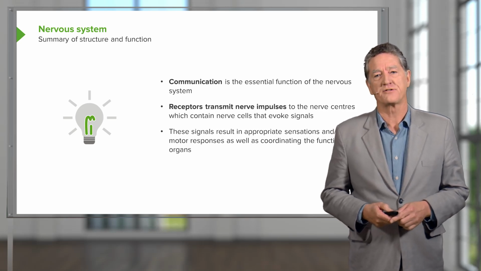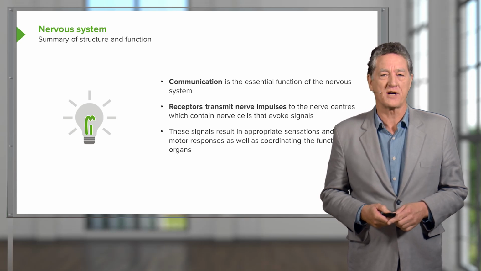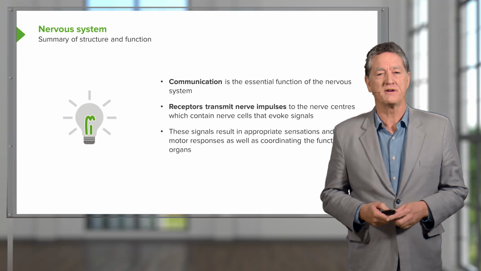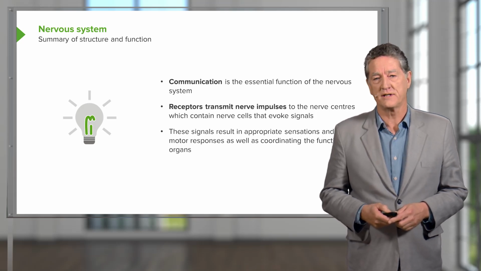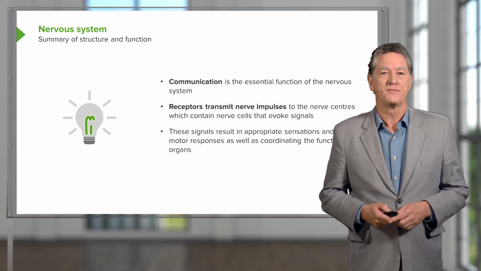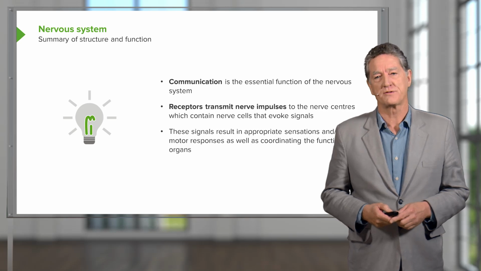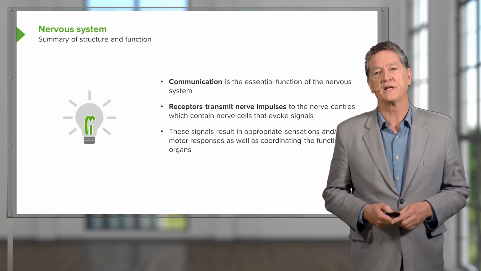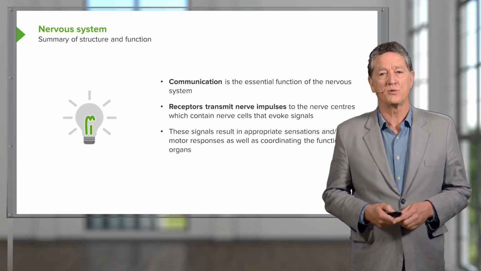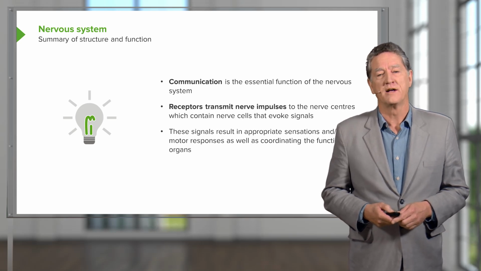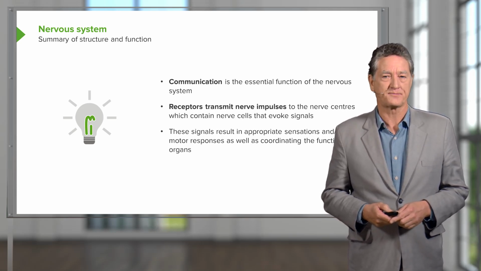And through the next two lectures, I will be explaining to you structural and functional components that allow us to perceive various information, both consciously and subconsciously, and how the brain then receives that information and then evokes responses, either motor responses bringing about movement or responses that we are unaware of that control many of our body processes, secretion of glands, movement of food through the gut, blood through the vascular system, etc.